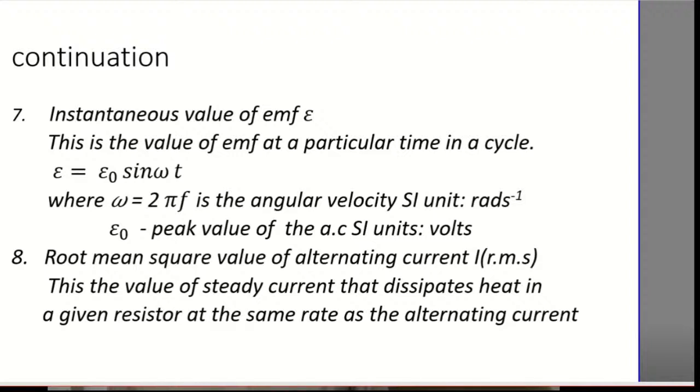The terms here: W is the angular velocity, whose SI unit is rad per second. E naught is the peak value of alternating current, SI unit is volts, and time is in seconds.